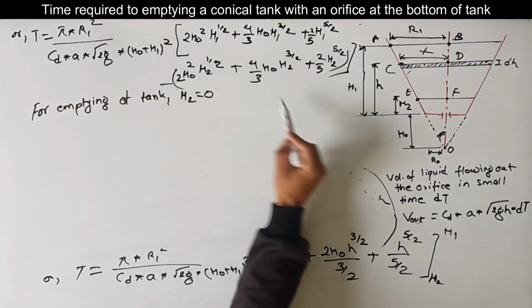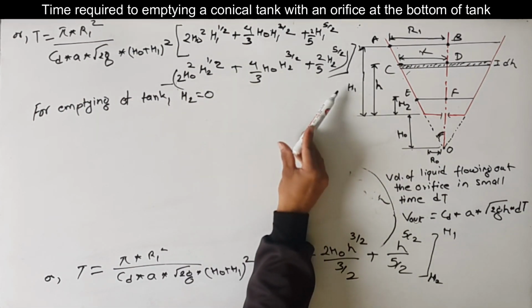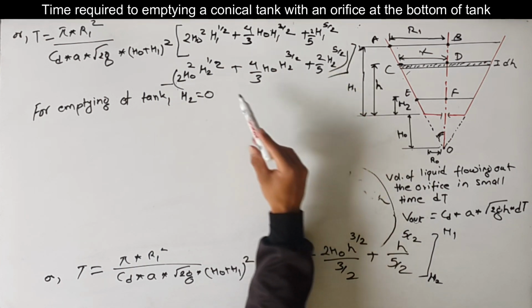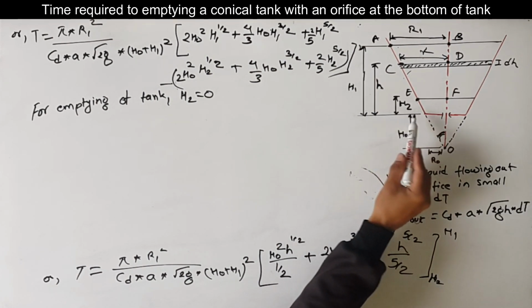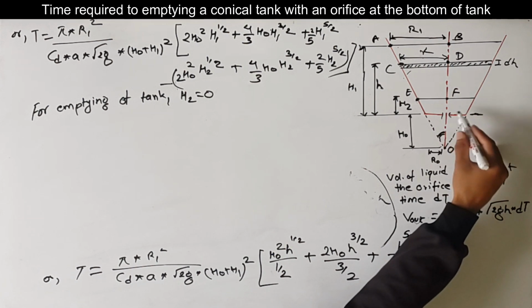This equation gives the time required for the liquid level to fall from h1 to h2, but for the time to empty, we have to put h2 as 0, meaning the level is at the orifice.